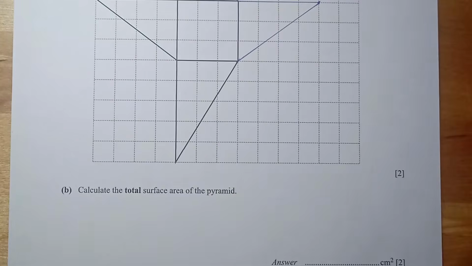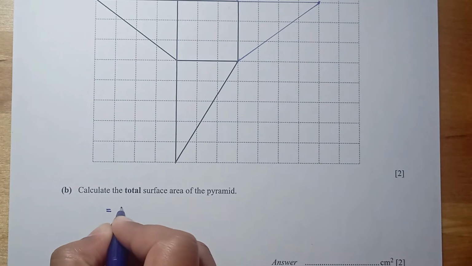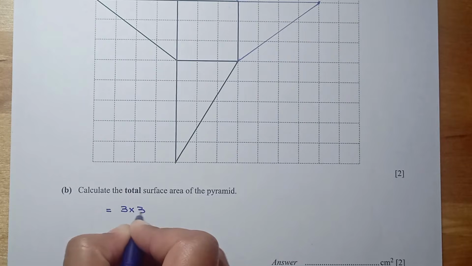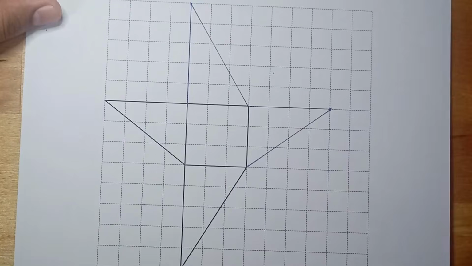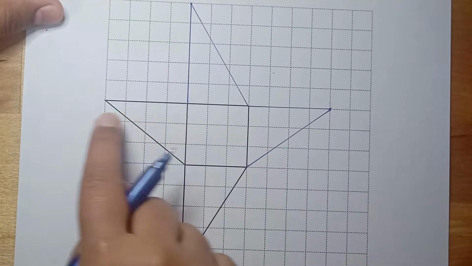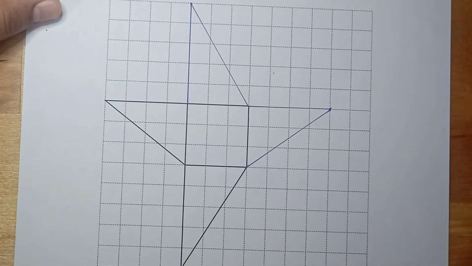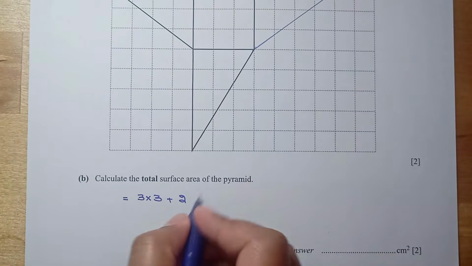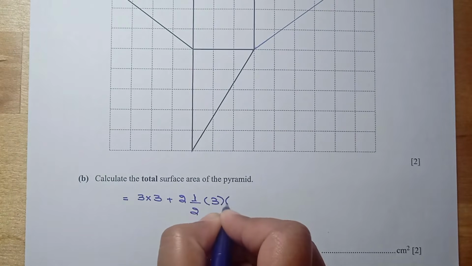So the total surface area is equal to the area of the square, that is side times side, 3 times 3, plus we have two triangles, the base is 3 and the height is 4. So the area of the triangle is half base times height, 3 times 4.